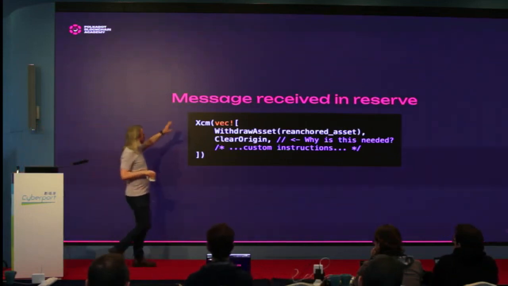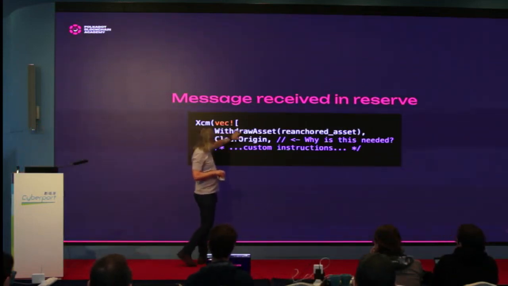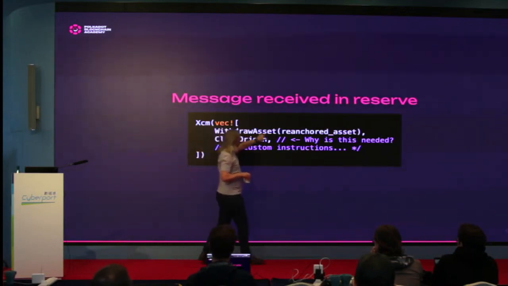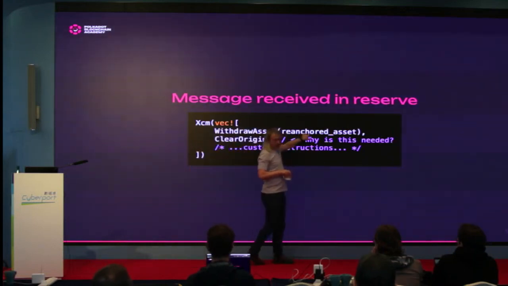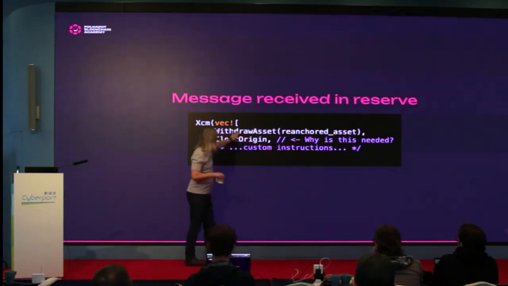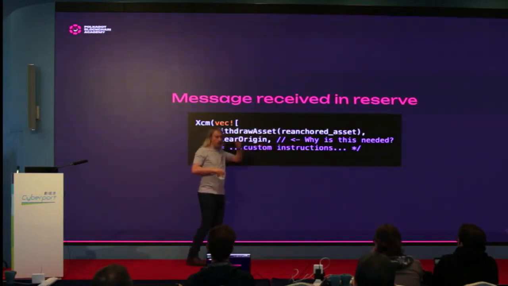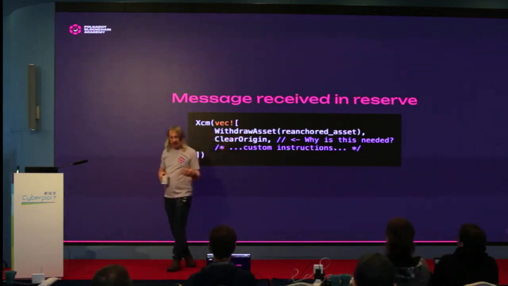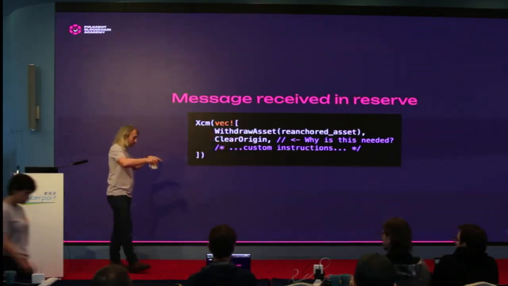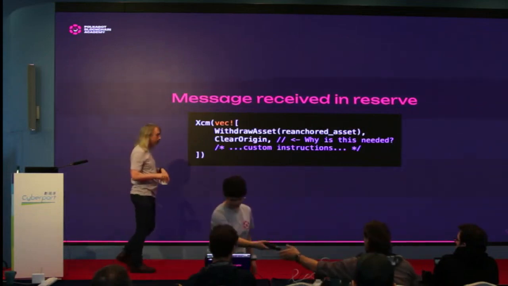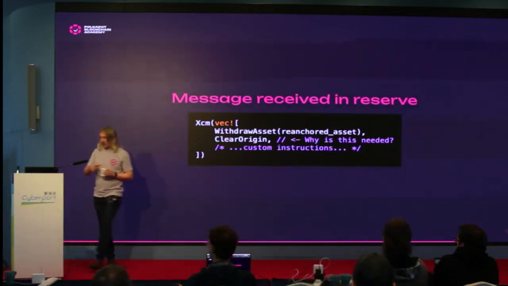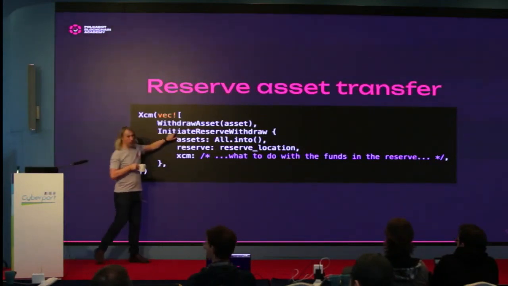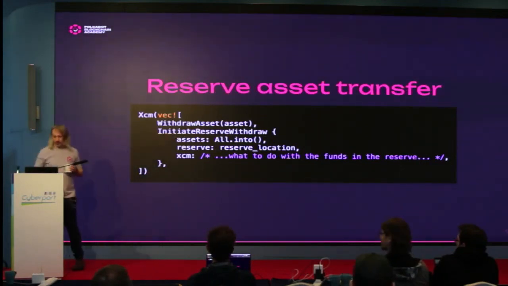All right, the message that is received in the reserve chain is a withdraw asset with the re-anchored asset, right? Because it's not us that has composed this message. We, the devs, have not composed this message. This message has been composed by whoever implemented the XCVM, and specifically implemented the initiate reserve withdraw instruction on the XCVM.